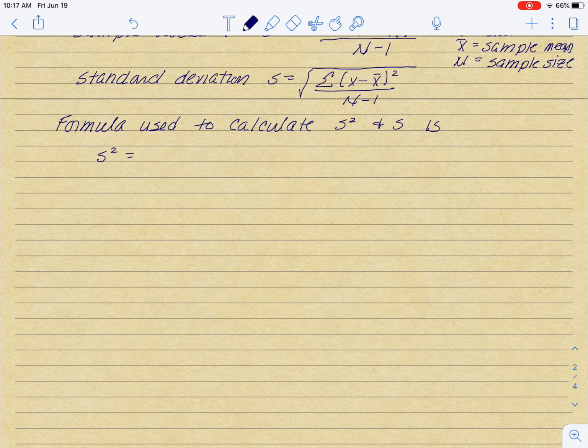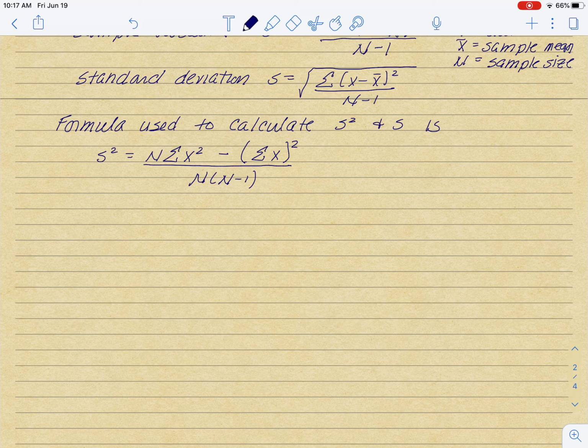It looks a little more complicated, but it's actually easier to gather the data for. So it's the sample size times the sum of the x squareds minus the sum of the x's, that quantity squared, divided by n times n minus 1.